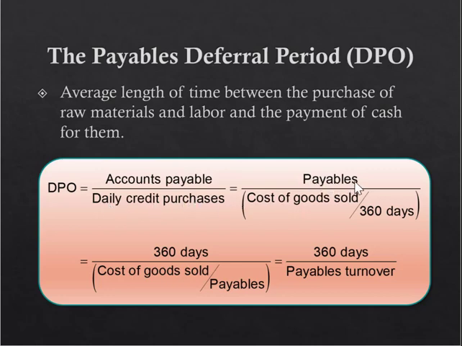So that's your payables divided by cost of goods sold over 360 days, assuming that your cost of goods sold is on credit. Again, you can flip these around. Because of mathematical operations, you can put 360 at the top, your cost of goods sold divided by your payables, and that'll give you your payables turnover. Essentially, you're assuming that all payables are paid on credit.